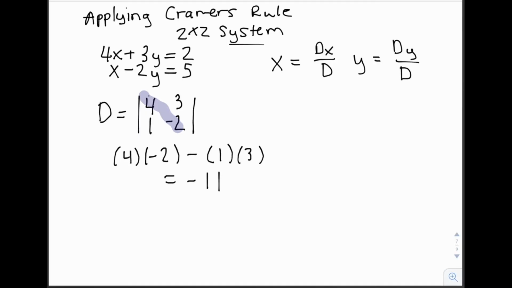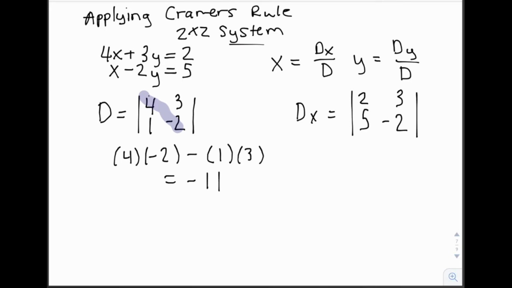Okay? And additionally, we can go ahead and find our determinant of x, and again use these vertical bars. So what will this give us? Well, since we're solving for the determinant of x, let's go ahead and replace our x column with our constants here. So we're going to have a 2 and a 5, and then we're going to have a 3 and then a -2 here.